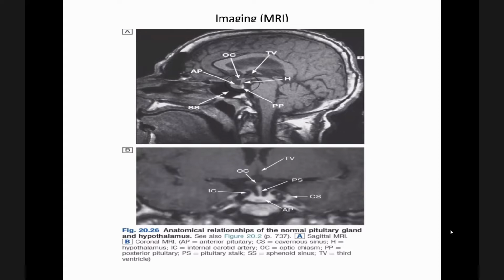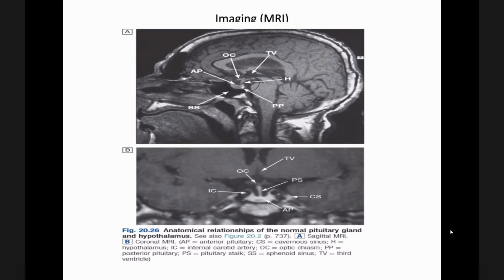And then you can see just in this region there is a part called the third ventricle, and there is a sphenoid sinus. So this is a structure. This is a sagittal view. This is an axial view.